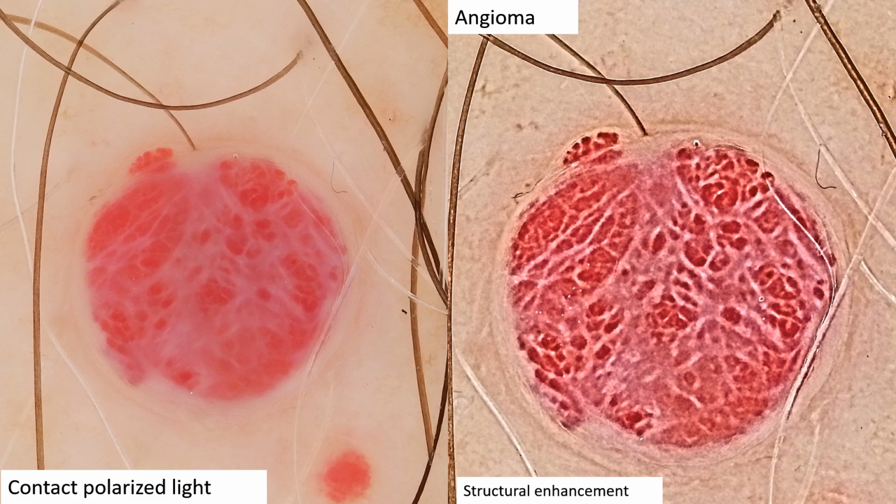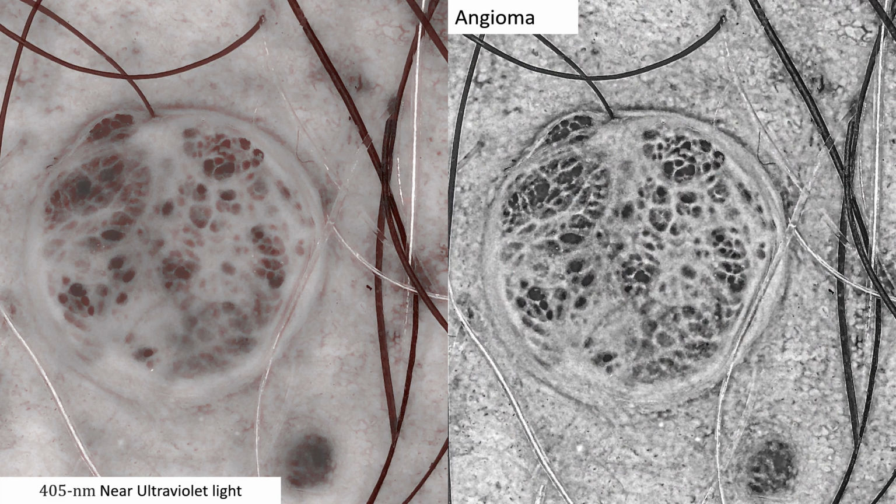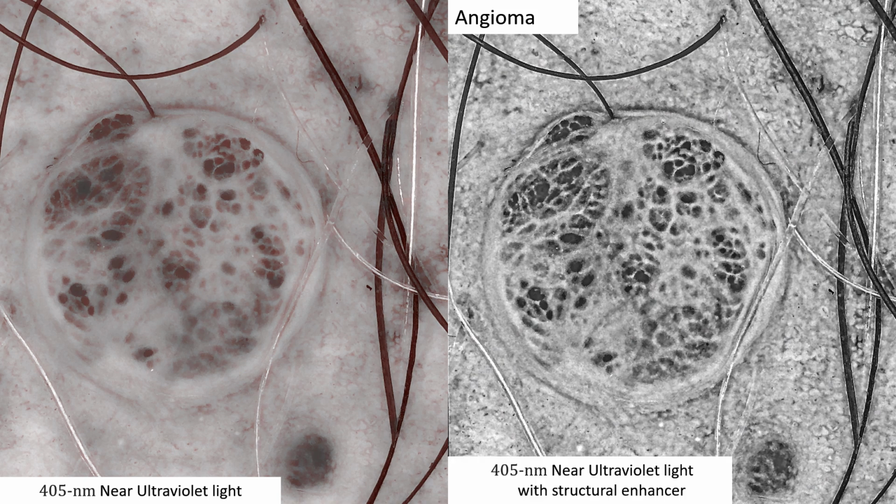We can see the septa and the lacuna, and here with structural enhancement, it's seen even more pronounced. In the near-ultraviolet light with the vascular enhancer, and here we see near-ultraviolet light with the structural enhancer.